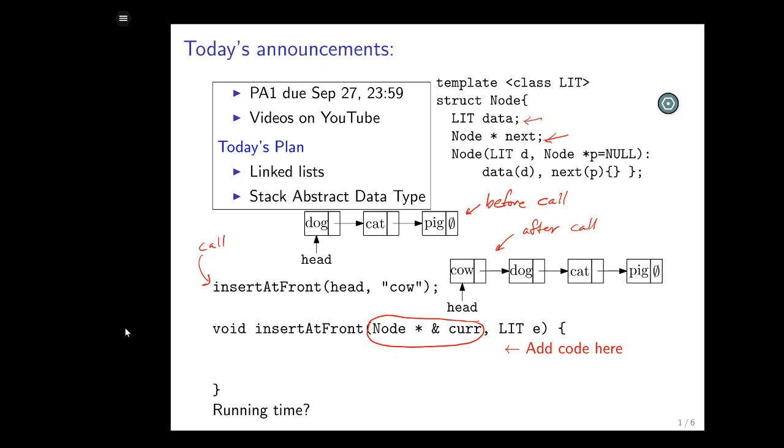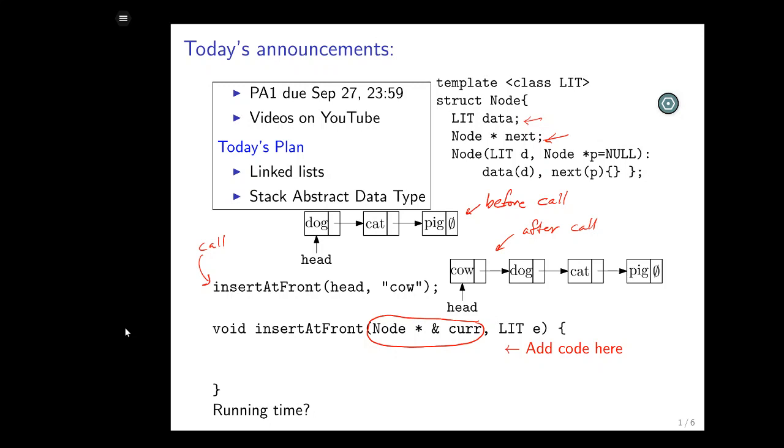That's part of the signature for the function. The function call takes two parameters. One is called cur and one is called e. But cur's type is node star ampersand. Yes. You're pointing at the node, and then you use the pass-by to change it.